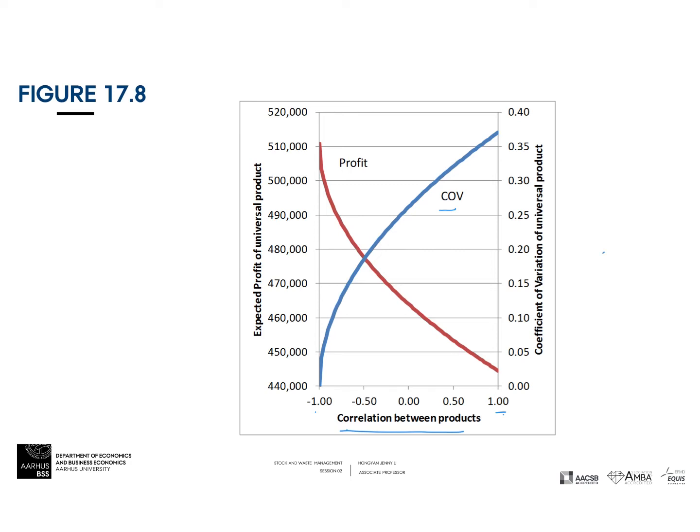In this example, completely negatively correlated demands will generate the highest profit, and completely positively correlated items will generate the lowest profit. Therefore, it is very important to study whether the products are correlated or not. They are completely uncorrelated or independent when the coefficient is 0. Otherwise, they can be negatively correlated or positively correlated.